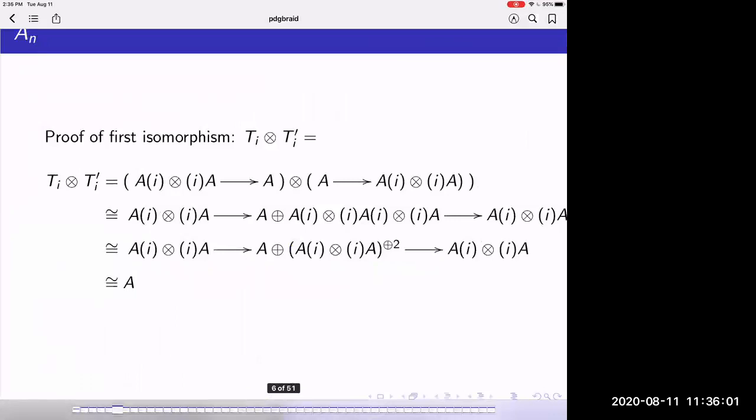To check that T_i and T_i' invert each other, these are all fairly explicit calculations. So here, T_i tensor T_i'. We have the complex for T_i on the left and the complex T_i' on the right. You do this tensoring, and you get a 3-term complex.